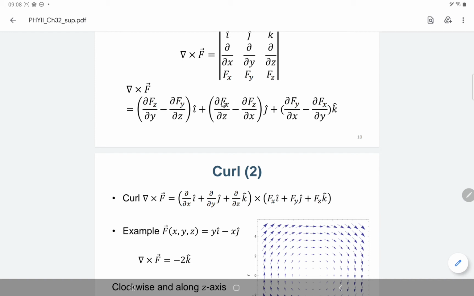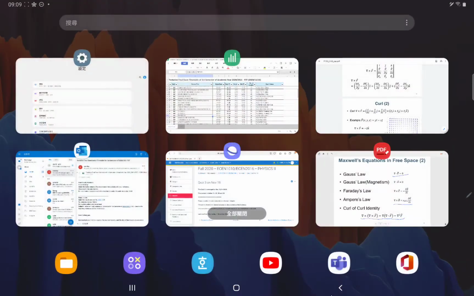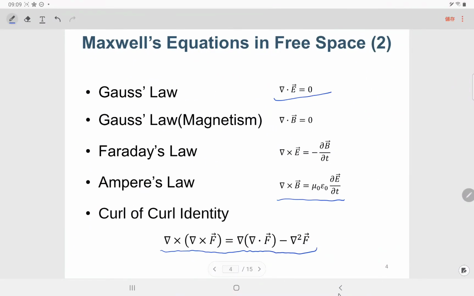This term, take the partial z, so we have partial z to F x, and then partial z, partial x, partial z, somehow like that. And you can prove the identity to be like this.